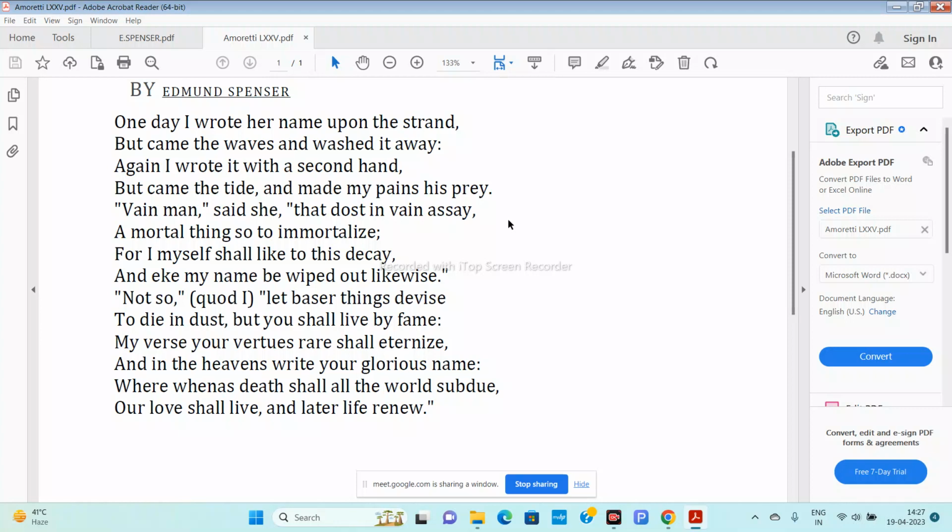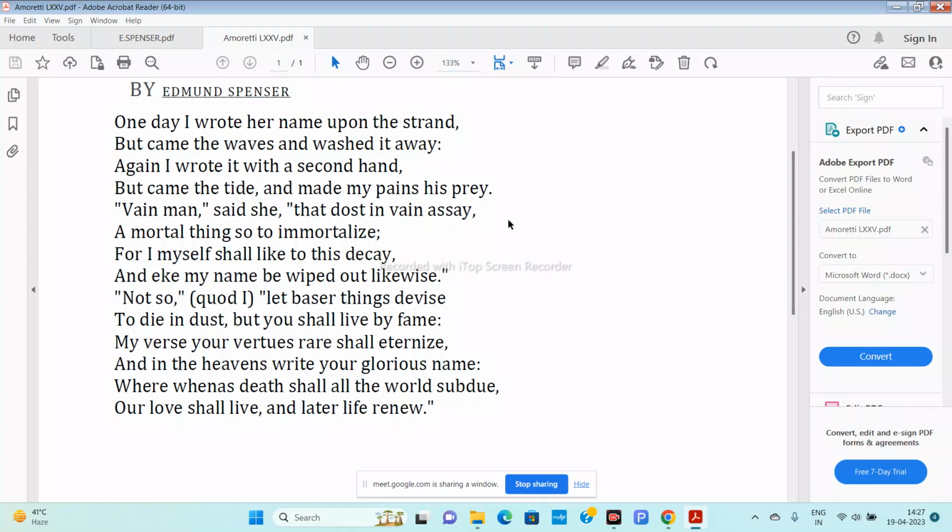"And in the heavens write your glorious name." So it is an exaggeration that your name would be written in heaven, not on the sand, which would be washed away by the waves.